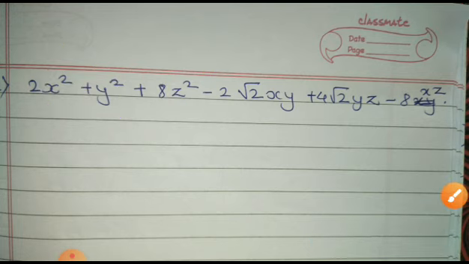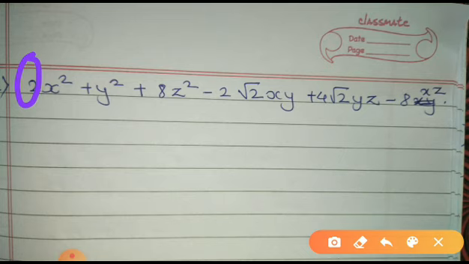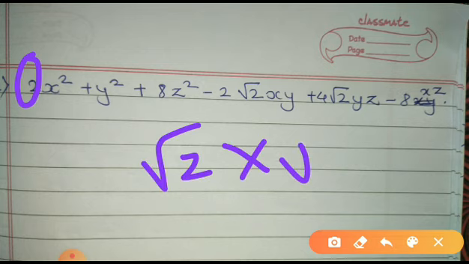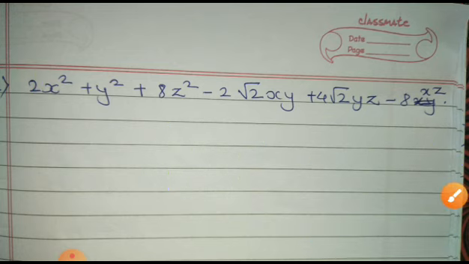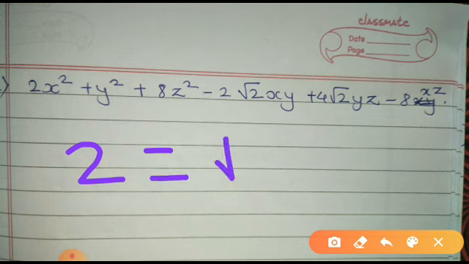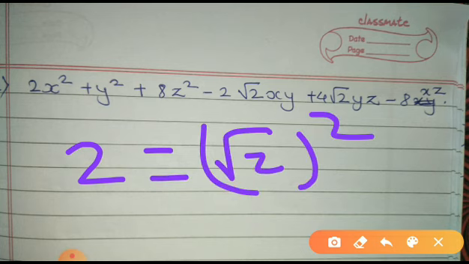Now x square I have, but see the coefficient. It is 2. Is it a perfect square? Square root of 2 you don't know. But is root 2 into root 2 equal to 2? Yes. So may I write 2 as root 2 square? Yes, root 2 square is always 2.